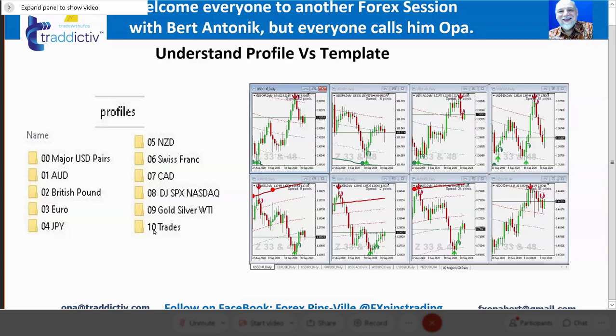I also set up one profile that I will adjust if I see a trade in one of these profiles, and I can move the trade into a trading folder so that I don't have to search and look for it in the future.